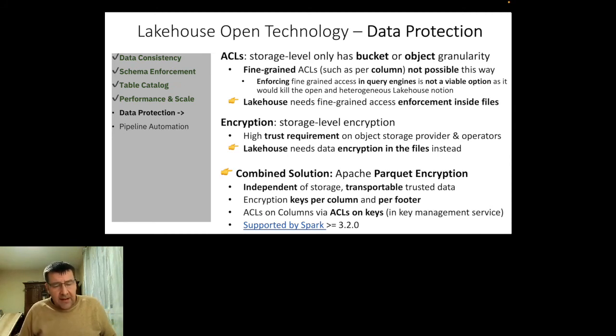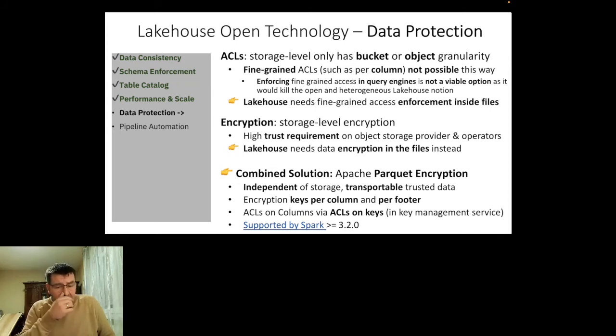And it allows you to manage encryption keys per column and even per footer in each file. With that, you can now actually do access control too, because you can use key management services and access control on the keys stored in key management services in order to grant access to the data itself in those files.